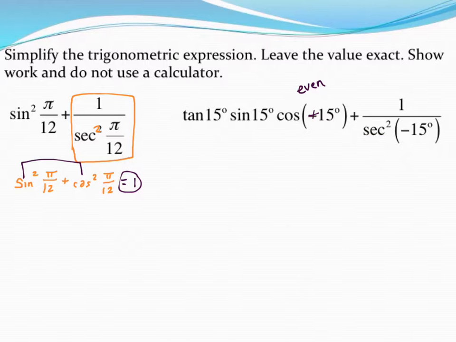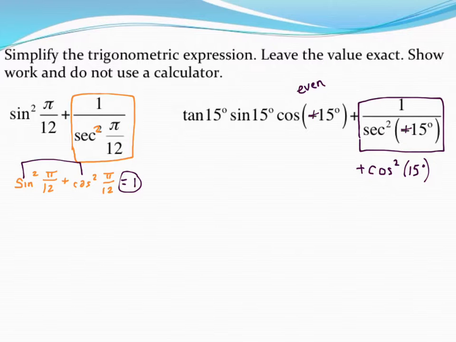So secant of -15 is the same as the secant of +15. So there's everything with the same angle now. They're all 15s. Maybe I'll start with this back piece, because we did that on the last example. 1 over the secant squared is the same as just cosine squared, using reciprocal identity properties. So this would be the cosine squared of 15 degrees.